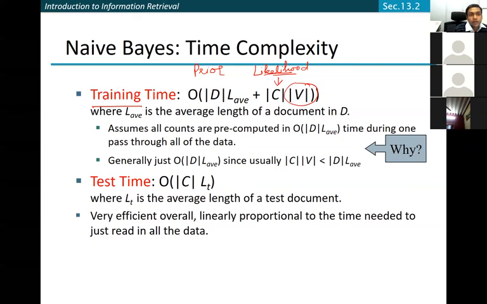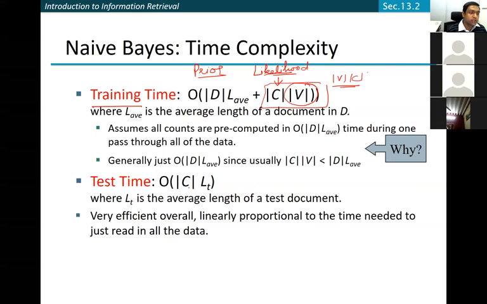So one thing is we need to learn for each word, let's say if the number of words is V, and for each class. So this is one part, and then for the prior, the total number of documents and the average number of words. So this is the total length of the document that we are assuming, that for each document we have to spend this much training time.